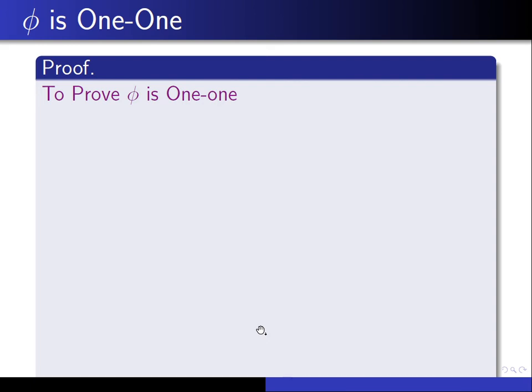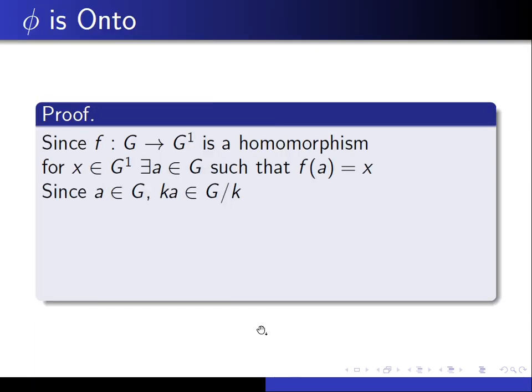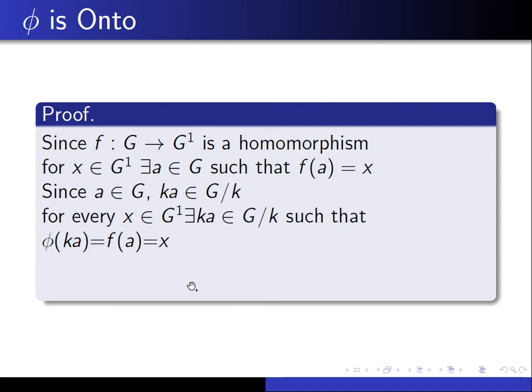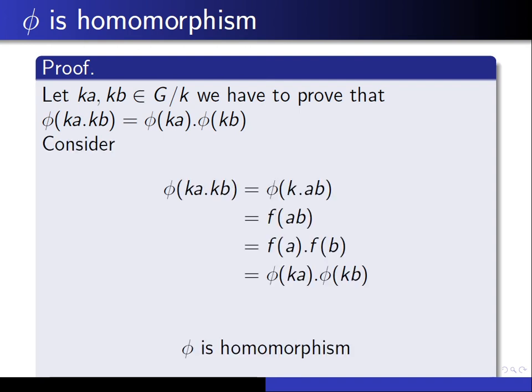In the reciprocal way we can prove that phi is one-one, and onto just by stating this. And phi is a homomorphism, we know very well, it is very simple to prove. Phi of Ka into Kb, according to the definition, is phi of K into ab, this is f of ab. f is a homomorphism, so f of a into f of b.